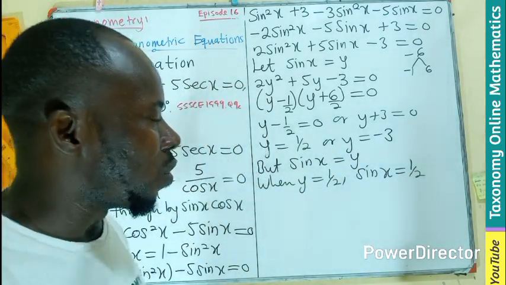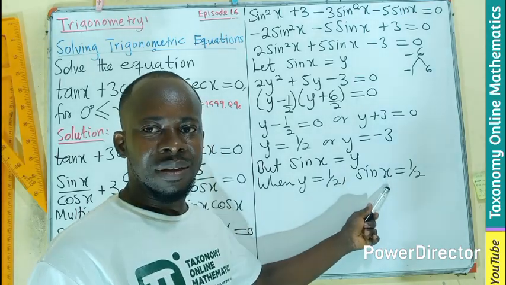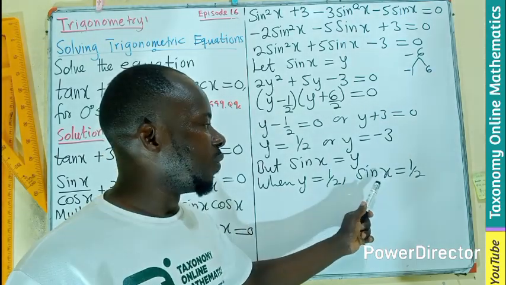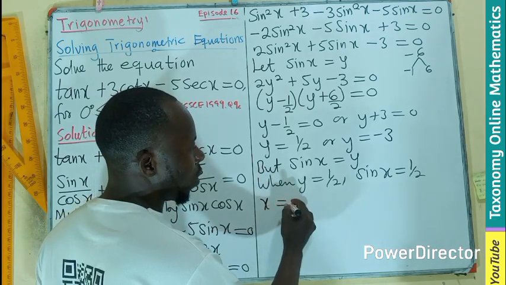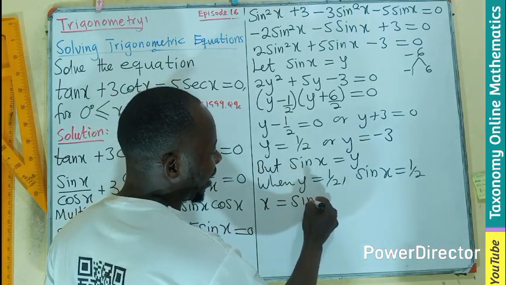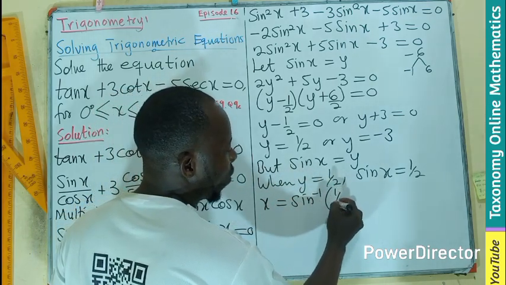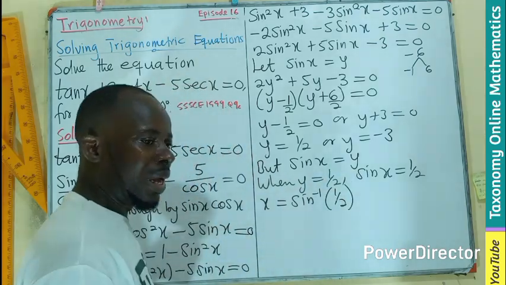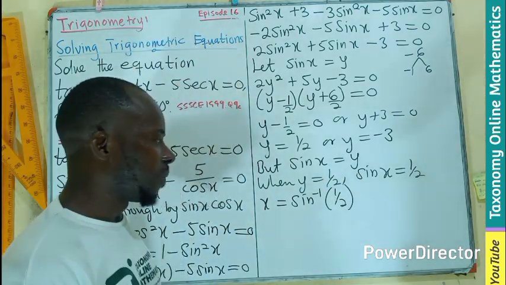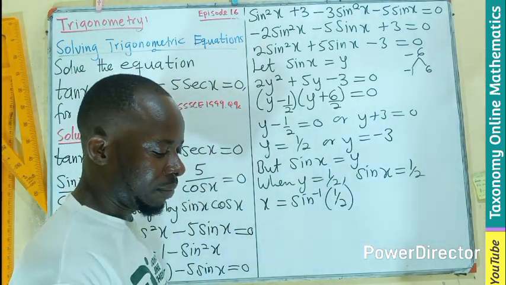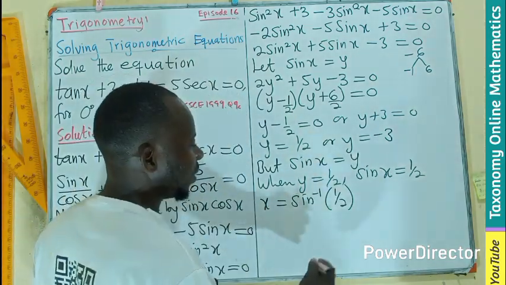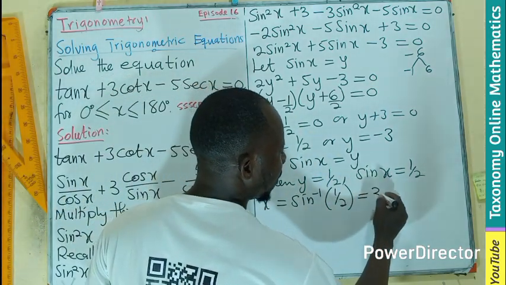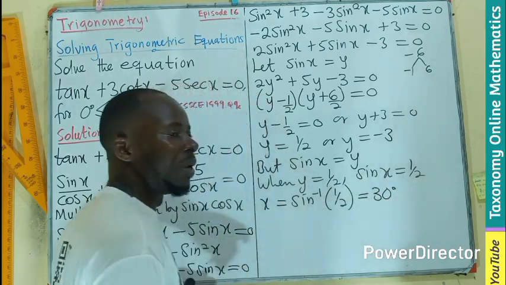But here we are concerned about x, so we find sine inverse of both sides, meaning x will be equal to sine inverse of 1 over 2. I guess that will be 30, but let's check on the calculator. Okay, so that will give us 30 degrees. So this is going to be 30 degrees.